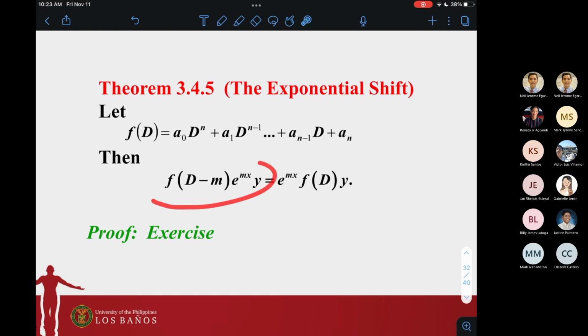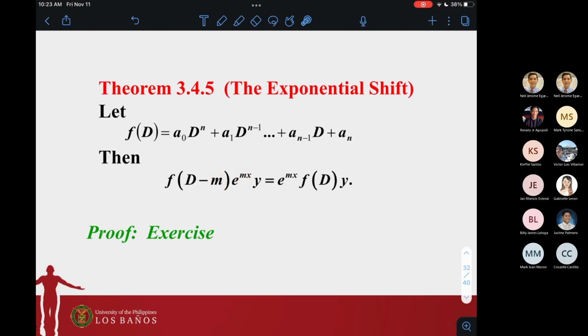Kapag i-apply mo yung operator f of d minus m, kaya siya tinawag na shift kasi yung differential operator na d ay shifted m units. Instead na d, naging d minus m siya. So na-shift m units to the left yung ating operator, ano? Tapos in-apply mo siya sa e to the mx times y. Parehas yung subtrahend at saka yung exponent ni e.